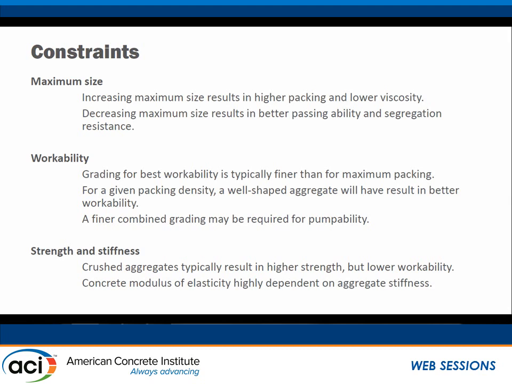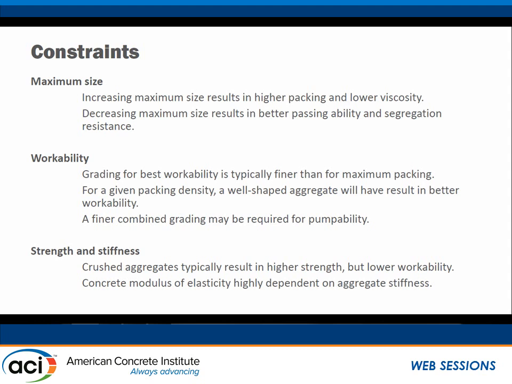For workability, typically most of the research that's been done has come back and said that you need a grading a little bit finer than what's associated with the maximum packing density. And I'll show a graph in a moment that from a workability perspective, that's preferred.